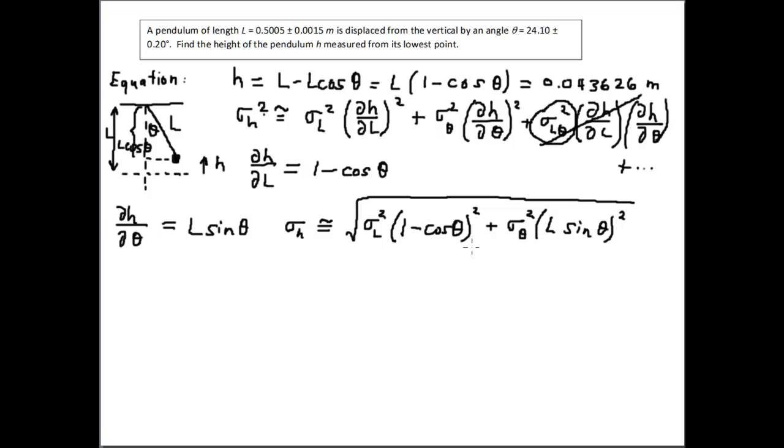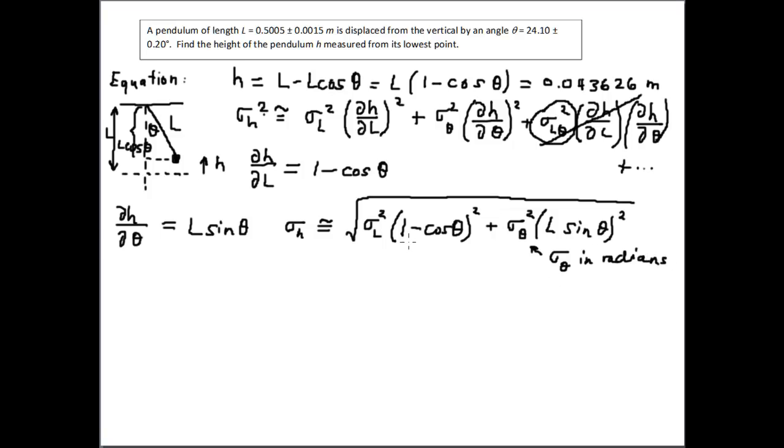Now I can just go ahead and plug in the numerical values with one important point. The theta that's given to me is in degrees, but when I express the error here, sigma theta, it must be in radians. So here I'm just going to draw a little arrow and remind myself that sigma theta has to be written down in radians in order for me to get the correct expression.